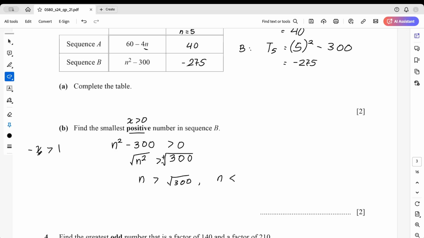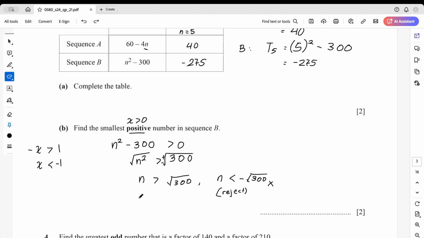In order to divide both sides by this negative number, you should switch your sign. So this would be negative square root of 300. So obviously this inequality is rejected for the reason that we know n cannot be less than a negative number, it must be positive. So this should be your answer.